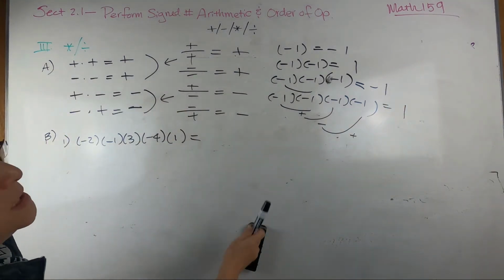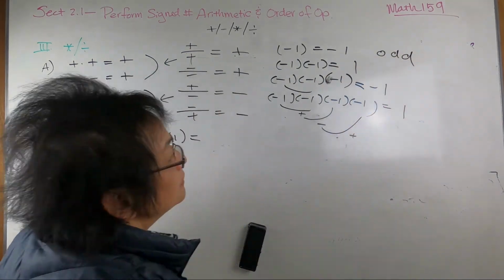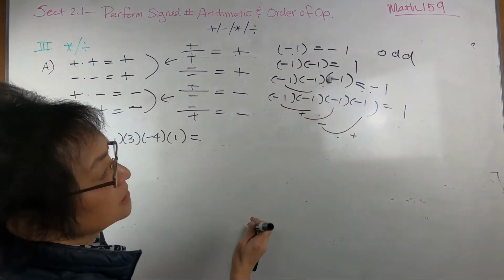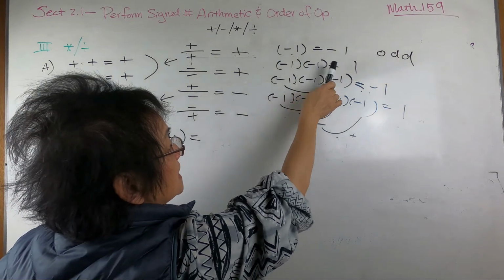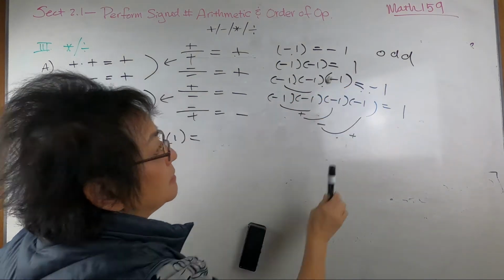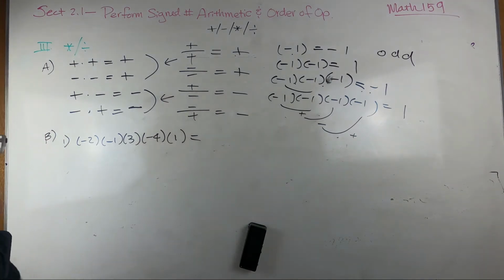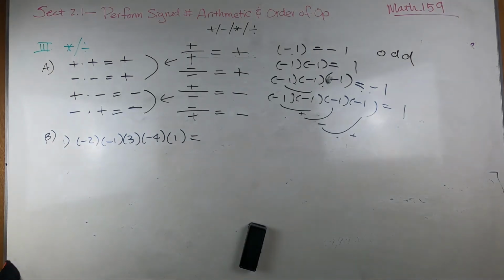So you can see if odd numbers of negative, it becomes what? Negative. If even numbers of the negative, it ends up positive. Remember this? Okay, so when you multiply things, you will take care of the signs first.